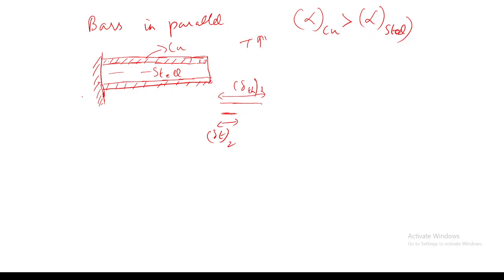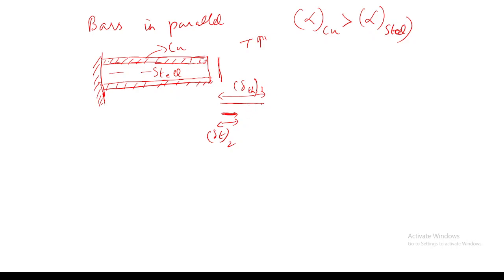But for the final result, will these be of different elongations, or will these two elongate together and the final cross section be somewhere in between? Somewhere in between. Yeah, somewhere in between, because the expansion of copper is restricted by an axial reaction from the steel, and it will apply a compressive stress on the copper.